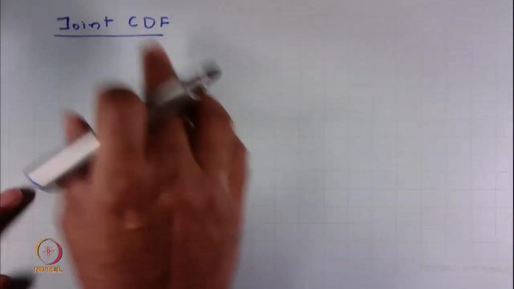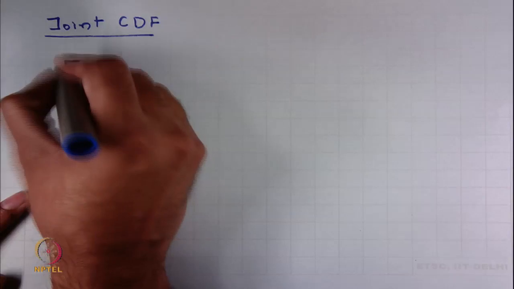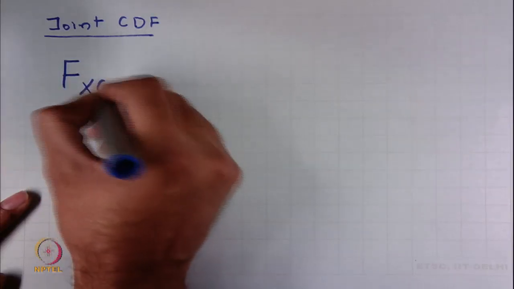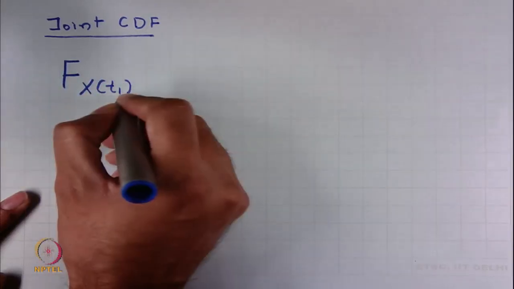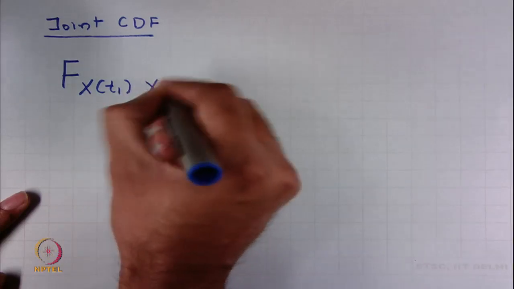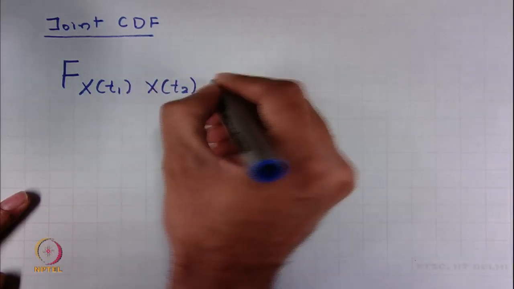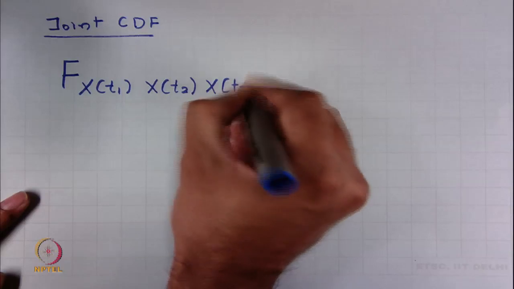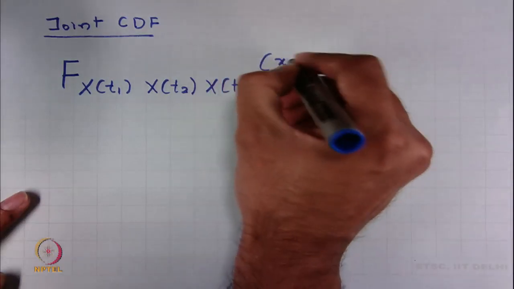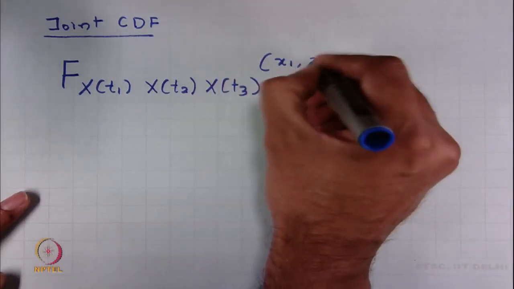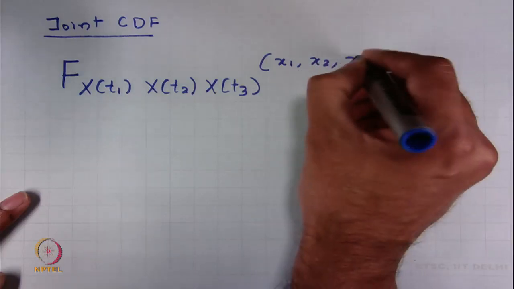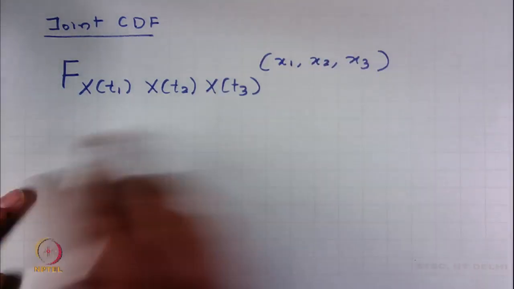I can define the joint cumulative distribution function for these 3 random variables. This is a random variable X of t1, so what does this mean?